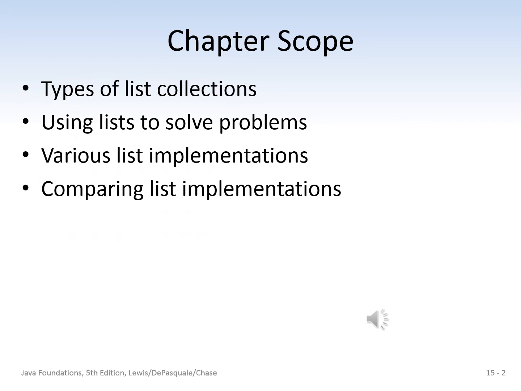You can probably see the similarities in these abstract data type conversations. We're going to talk about the specific ADT, in this case, a list, and how it fits in with types of list collections, and then how we solve problems with lists, how we implement lists.